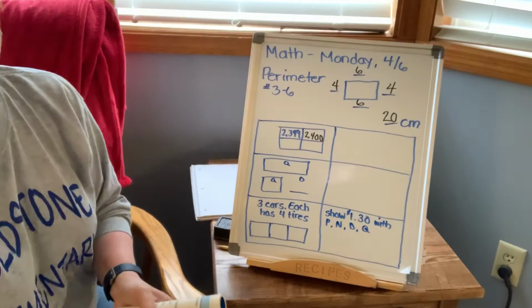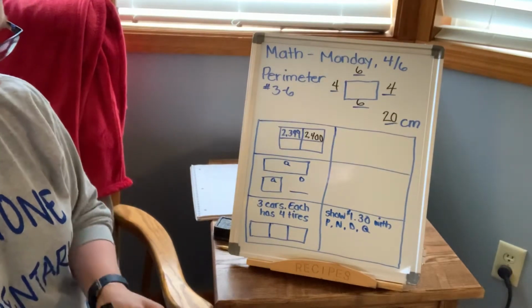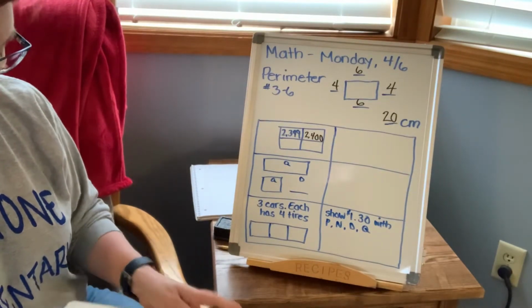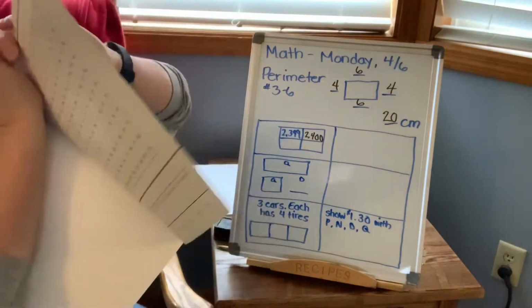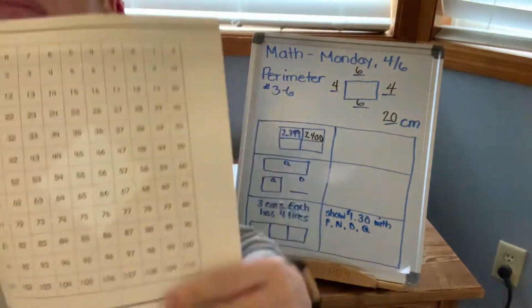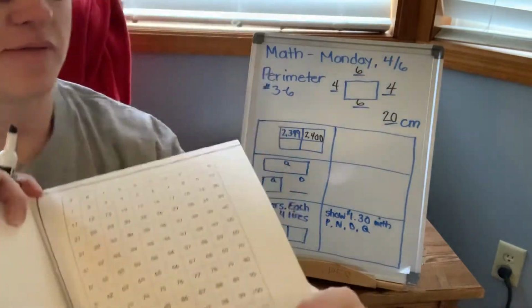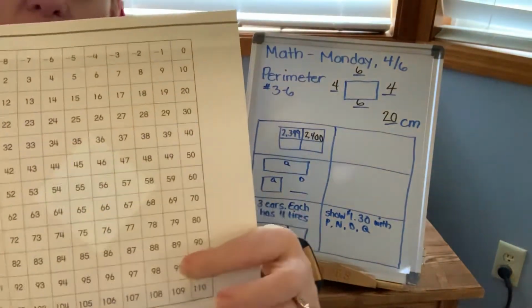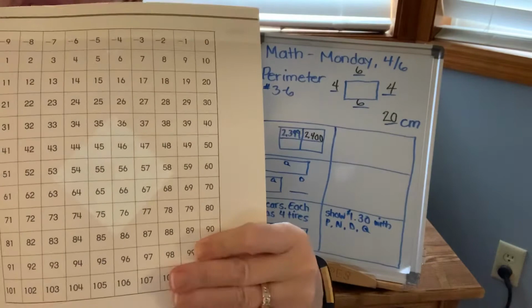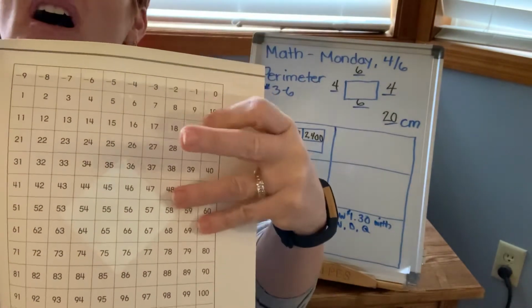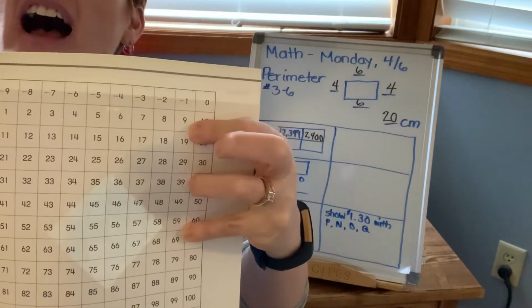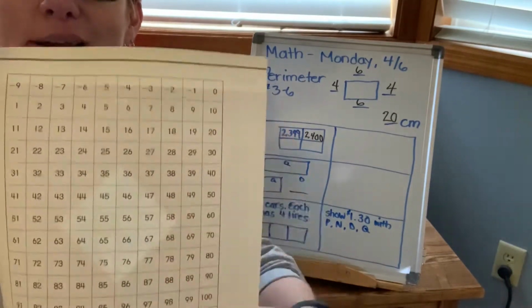So one of the things, remember, that you can use is your hundreds chart, and you have a hundreds chart in the back of your math journal if you need it, okay? So I want you to see. Here, let me find 99, okay? Remember, usually 99 is the end, so pretend that last one's not there. 99, and then we go all the way to the top of 9. Also, ignore the top line, ignore the bottom line.